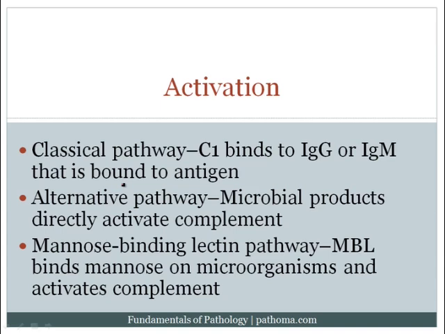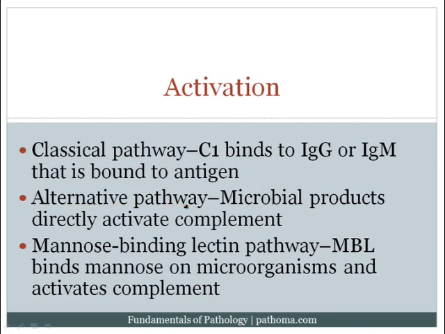The second pathway by which complement can be activated is the alternative pathway. The alternative pathway results in activation of complement by microbial products. So the microbial products directly result in the activation of complement. And that's pretty straightforward to understand.